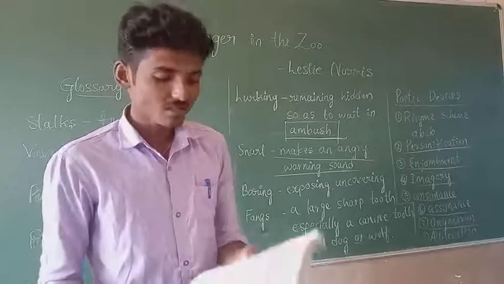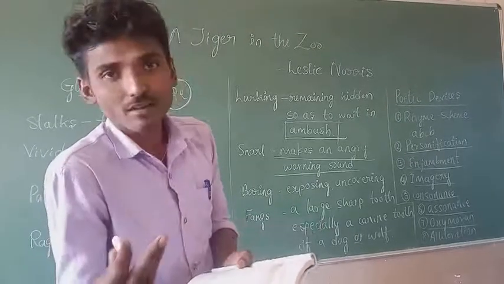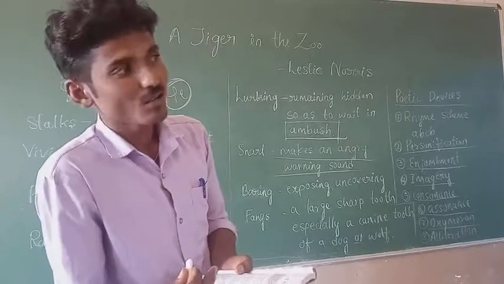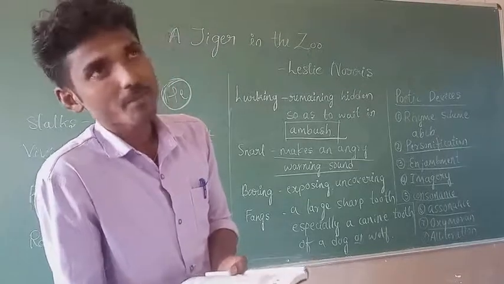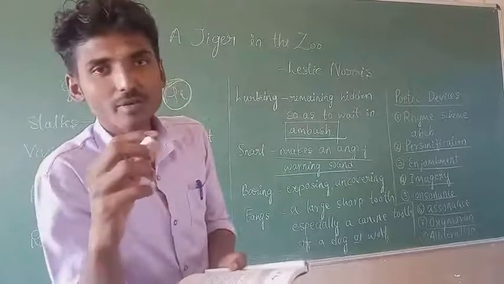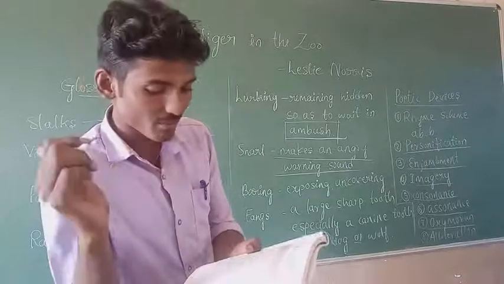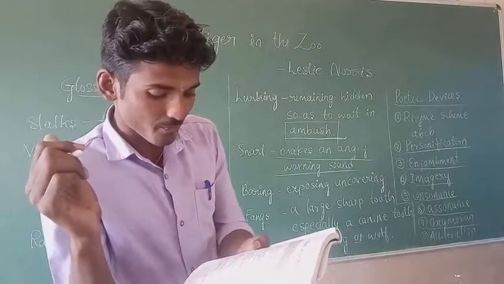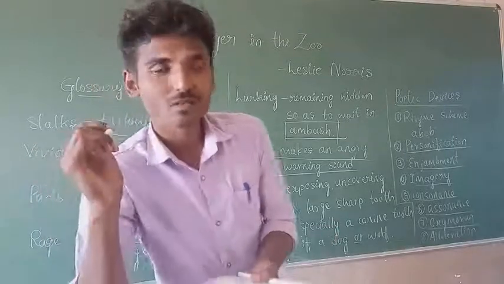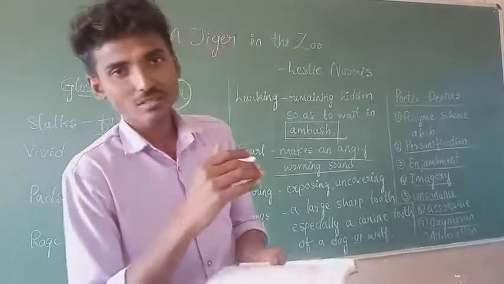So this is called an oxymoron. Last one, alliteration. Alliteration means repeating the same sound or letter in a line. For example, in the third stanza, alliteration is given.